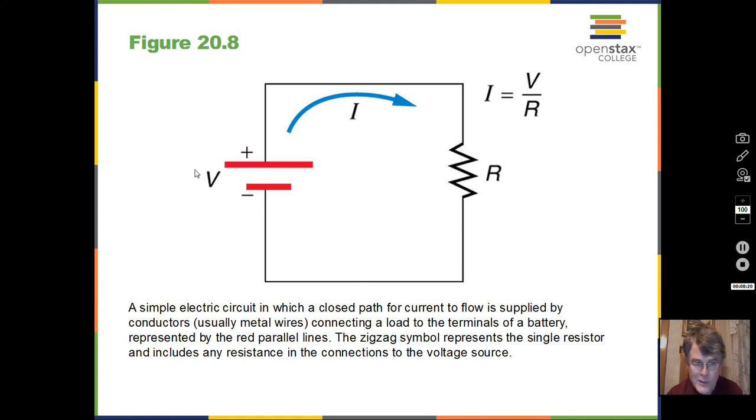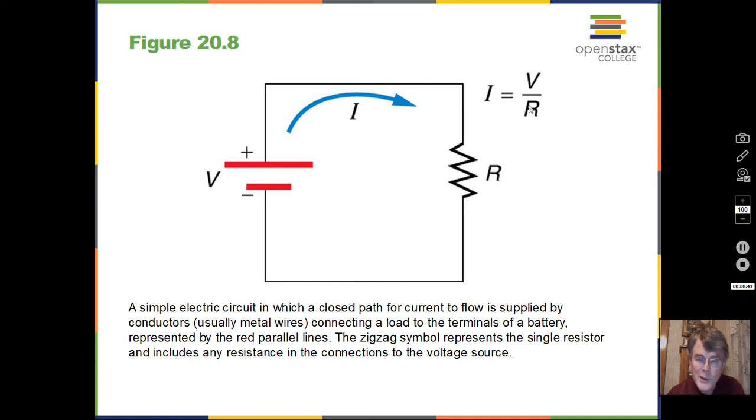In fact, this voltage over here, when this analysis was first done, was called the electromotive force, and some batteries are still referred to that, the EMF, the electromotive force. It's not a force, it's a potential difference, and our slide here is correct to use the V symbol for voltage.